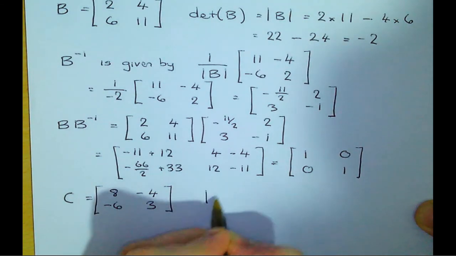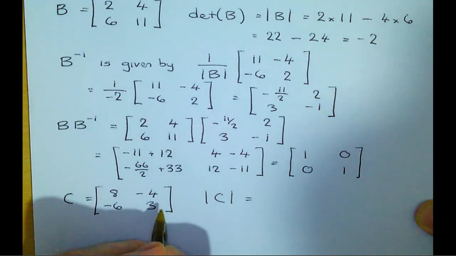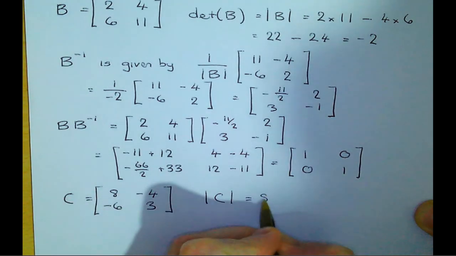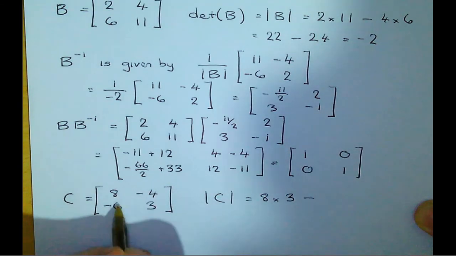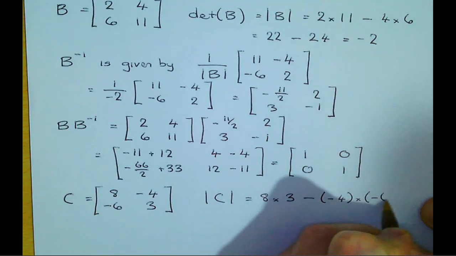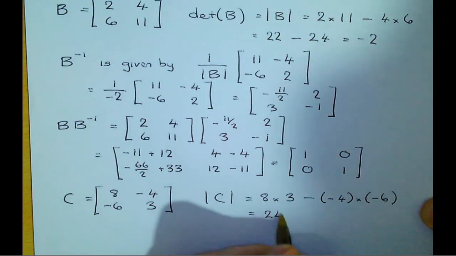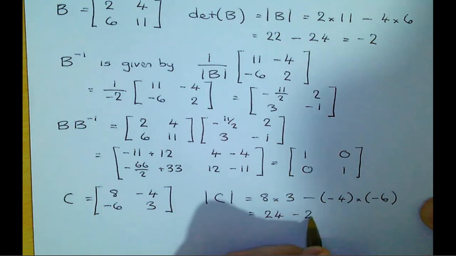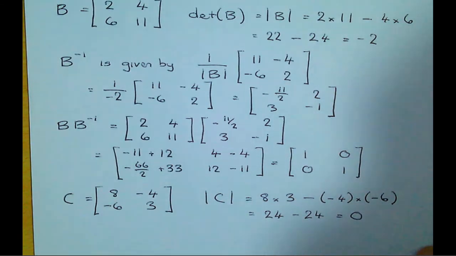The determinant of C will be 8 times 3 minus -4 times -6. That is 24 minus 24, which is equal to 0. So we see now the determinant of C is 0.